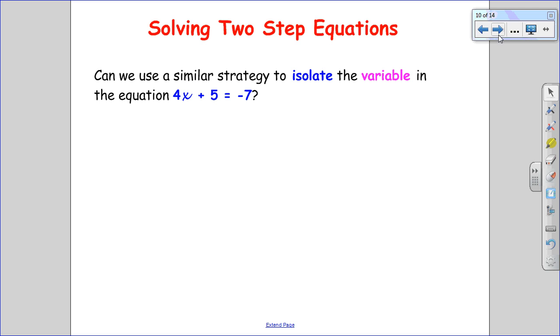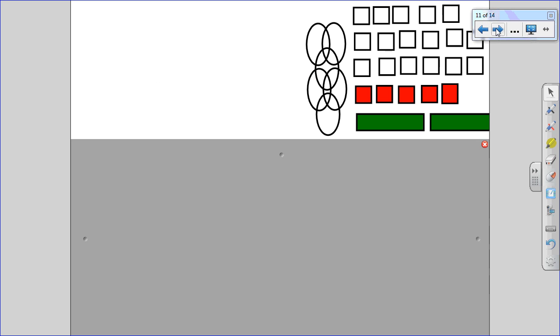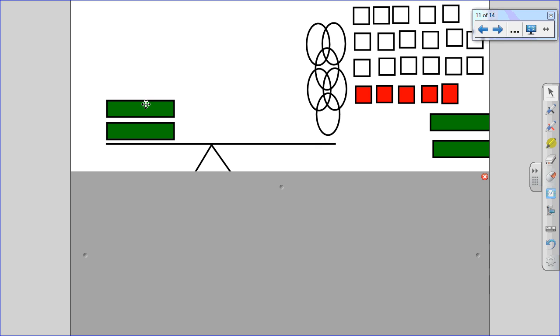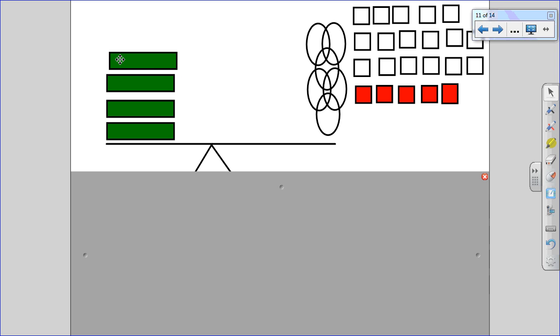Can I use a similar strategy now? If I go back to something similar to that first page, I've got 4x plus 5 equals negative 7. Absolutely. So I said I have 4 x's. So I'm going to put them there. Positive 5.